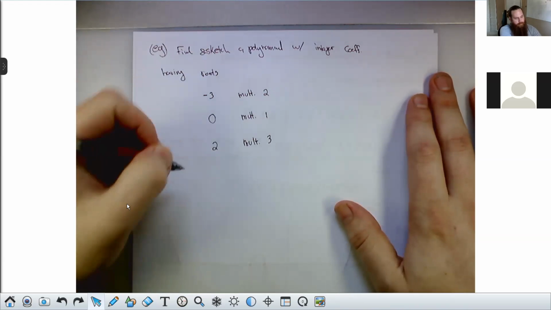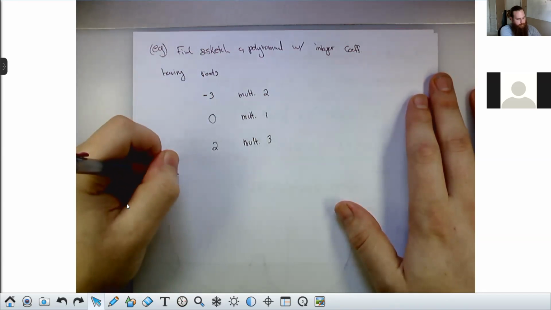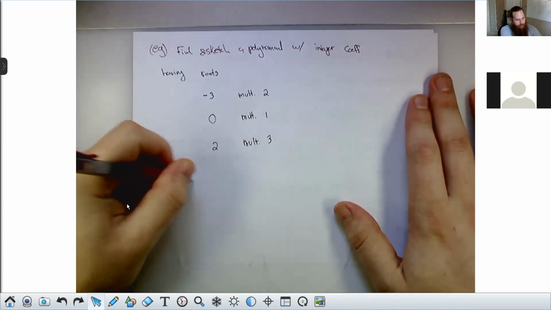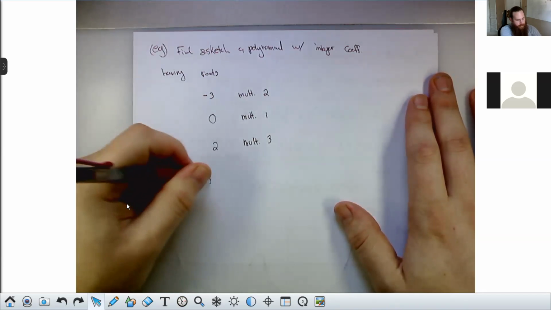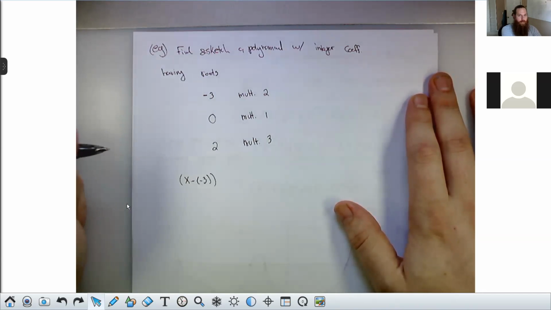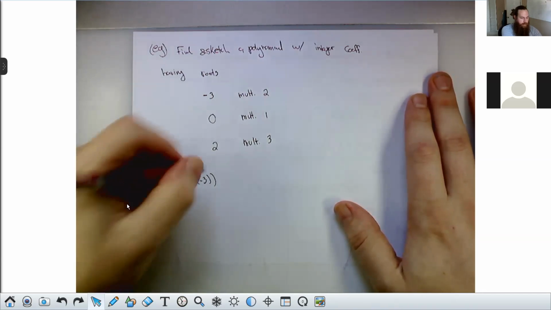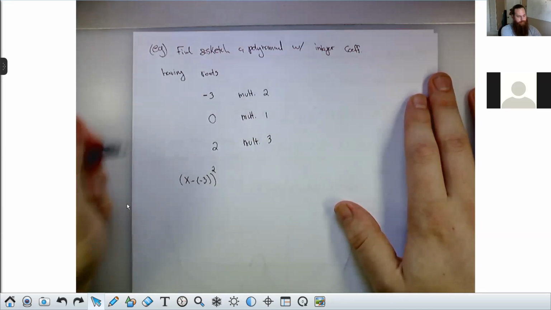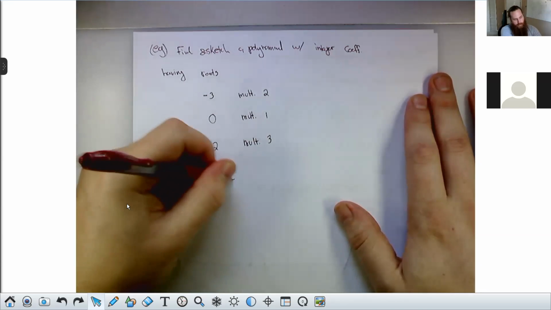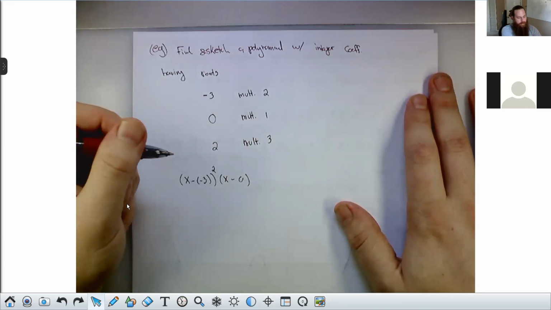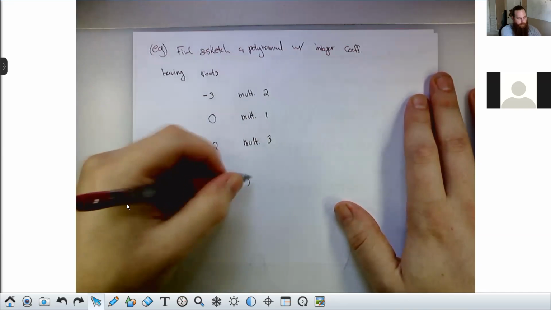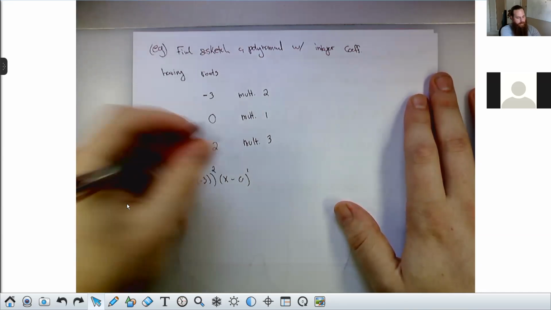So each root gives me a factor. X minus -3 needs to be a factor, and the multiplicity there is 2. X minus 0 needs to be a factor from this root, and the multiplicity is 1.